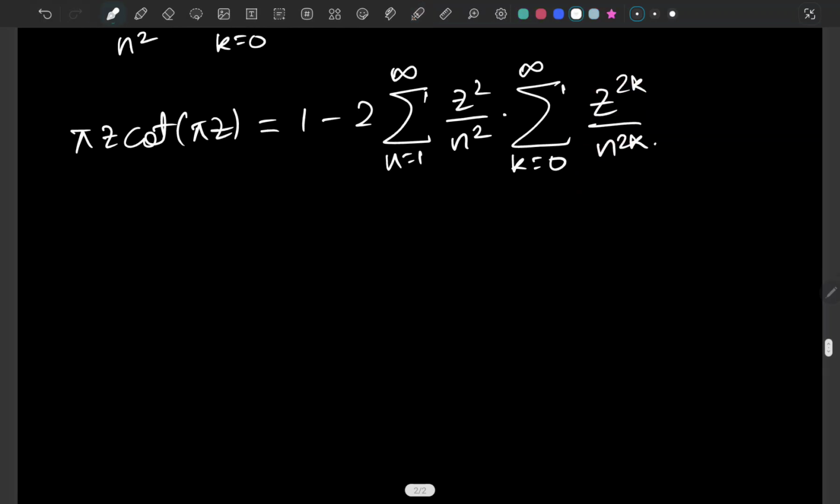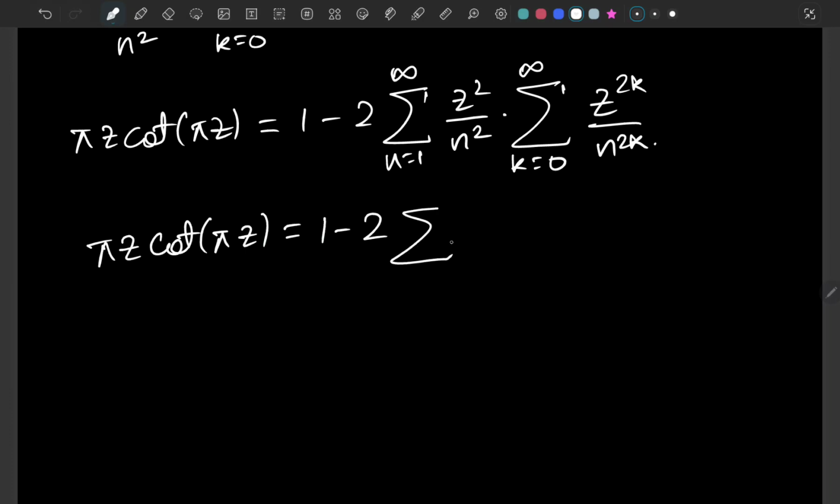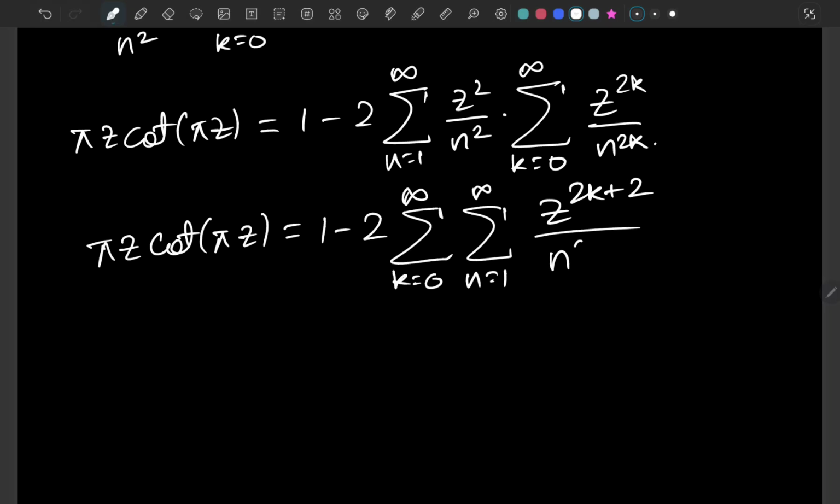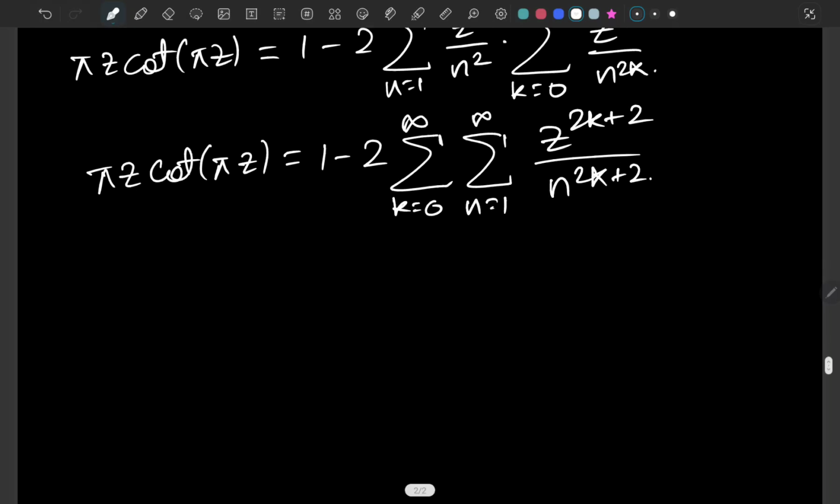Okay, so now we can represent it as a double sum. Pi z cotangent pi z equals 1 minus 2 times the sum as k goes from 0 to infinity, because due to linearity we can switch the order of the index variables n and k, and it's the sum as n goes from 1 to infinity of z to the 2k plus 2 over n to the 2k plus 2, right?